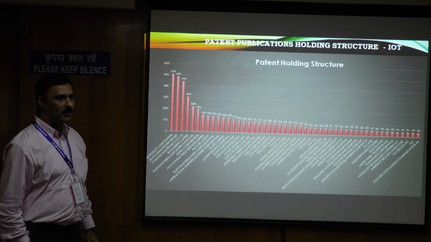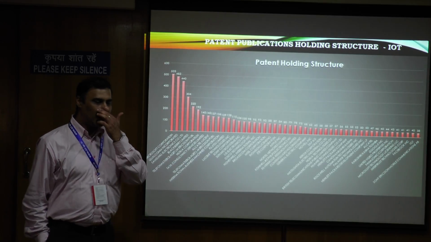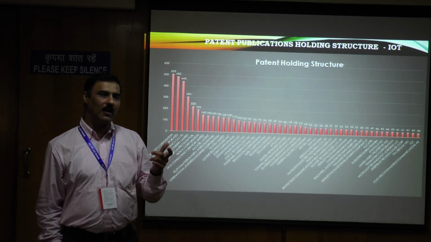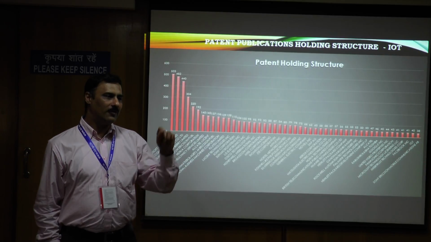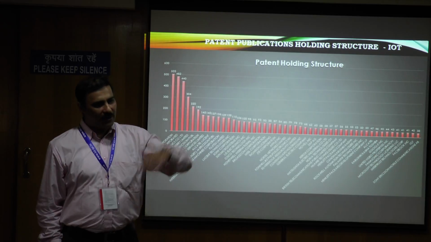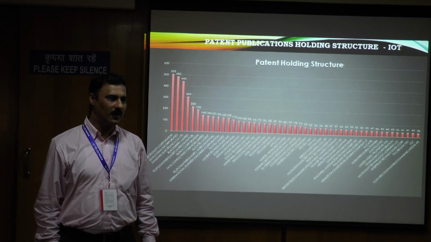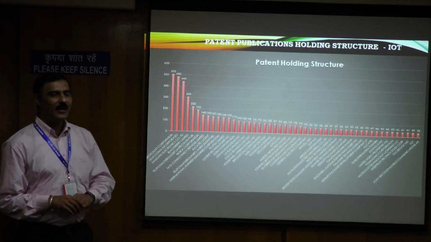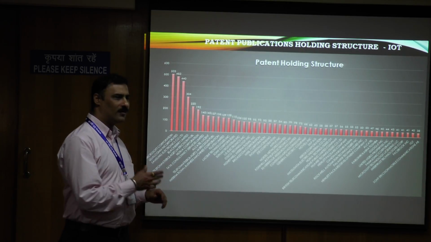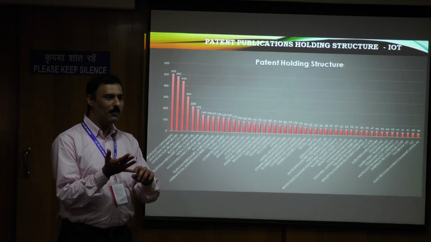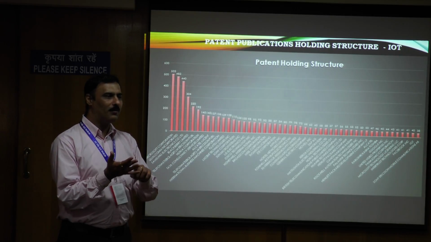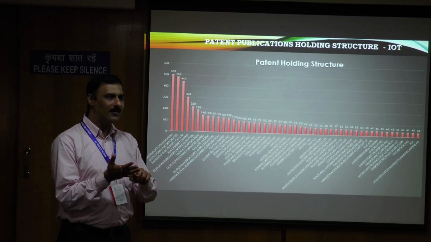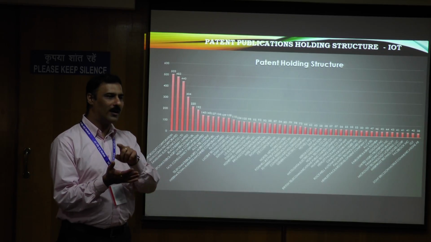So how do you identify the holding company? In Derwent Titans or in Delphion, you have this holding company structure wherein if you click that, it includes the patents of the holding companies. In this case, what would happen is, like in India, even in US, it will say Colgate Palmolive, then it will say Colgate Palmolive Limited, then Colgate Incorporated.